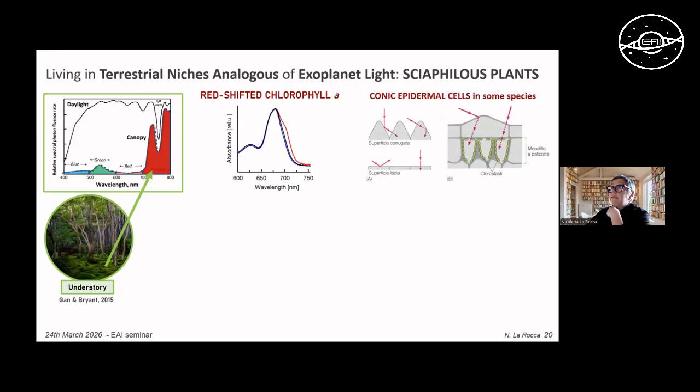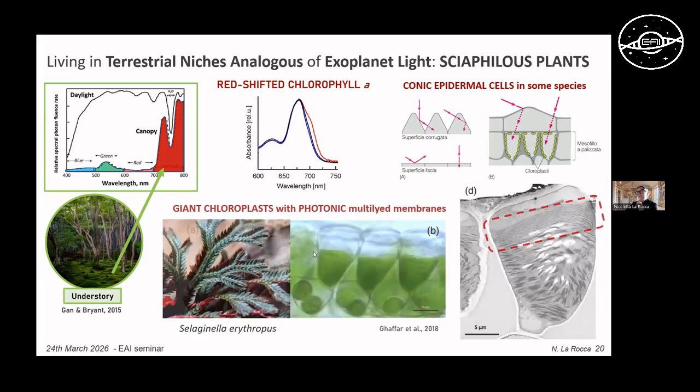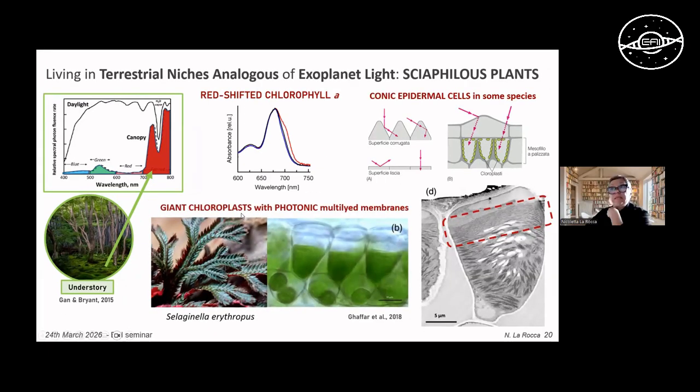They can have conic epidermal cells that can collect light coming from different directions. Thanks to these conic epidermal cells, they can focus the light onto the photosynthetic tissue, and this could help in utilizing more light. They also show very big, giant chloroplasts, the photosynthetic organelles inside the leaf tissue.